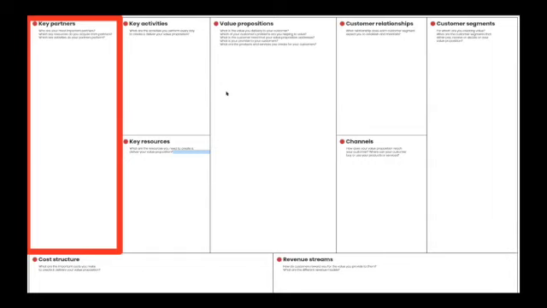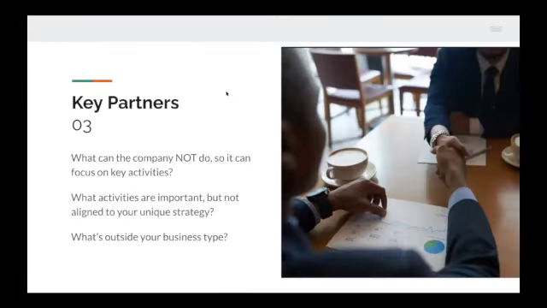The last part I'm going to explain are the key partners. So the key partners are things that are really essential to your company, but you are not good at. So what things are really important that your company needs to accomplish, but you can't accomplish on your own?